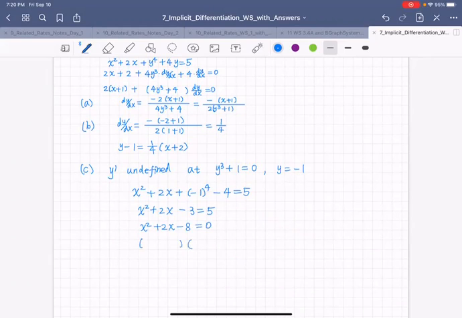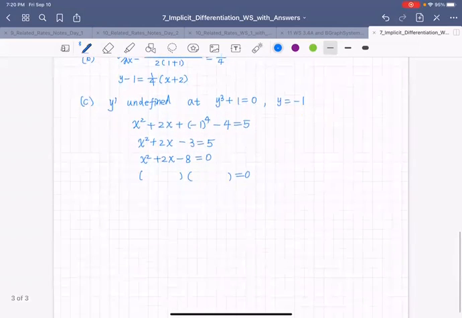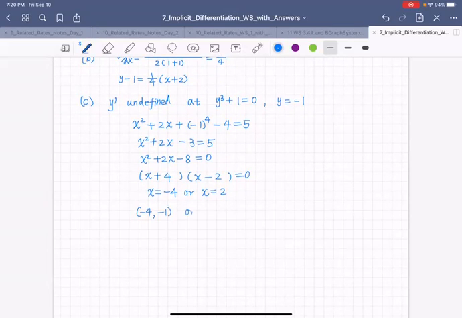Cross multiplication. What's this? +4, -2. So x equals -4 and 2. So at x equals -4, y is -1, or at 2, -1.